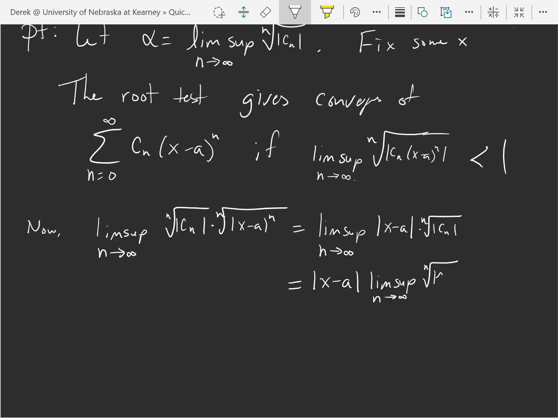Now this is the nth root of c sub n in absolute value, which is the absolute value of x minus a times alpha.